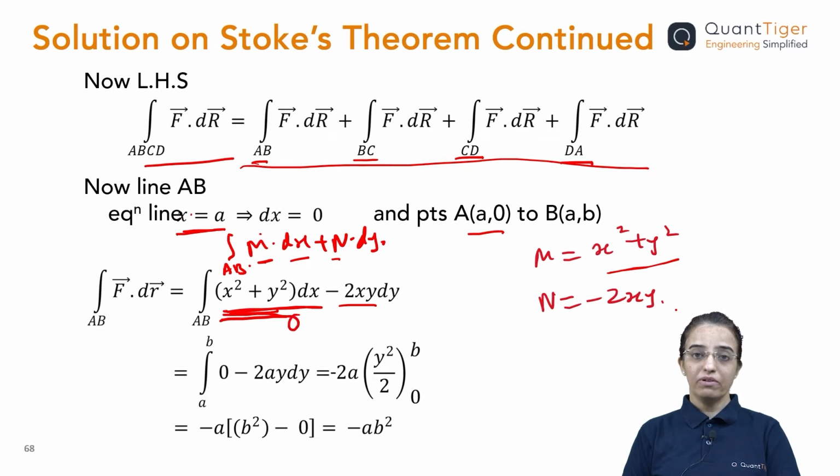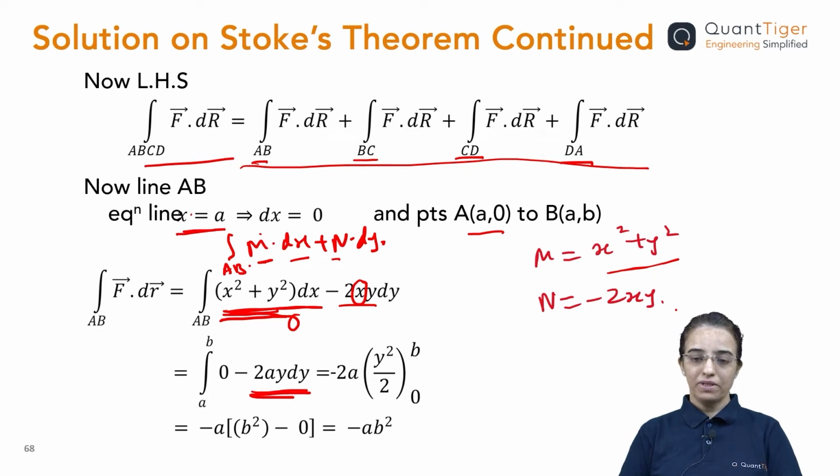So this whole term will become 0, and here x is equal to a, हमें substitute करना है, यहाँ पे a रखना है तो हो जाएगा minus 2ay dy. That's why I got it here, minus 2ay dy. उसका इंटीग्रेट करेंगे हम. Now if you look here, everything became in terms of y, so obviously we will be taking the y limits.